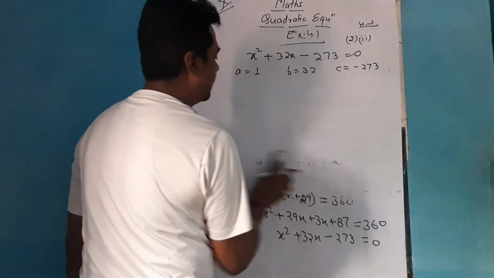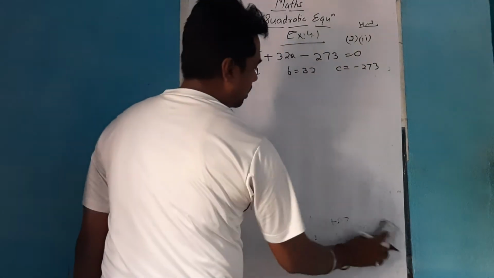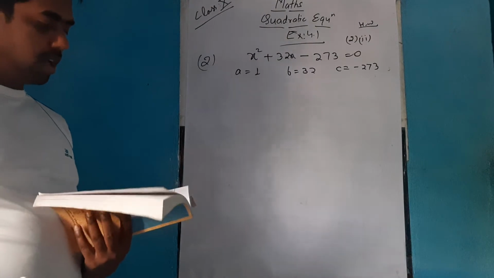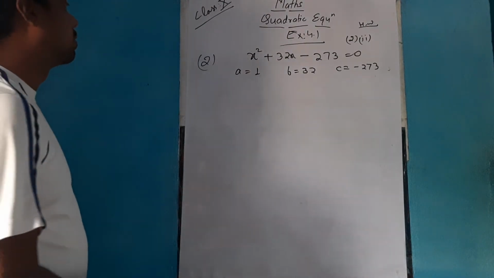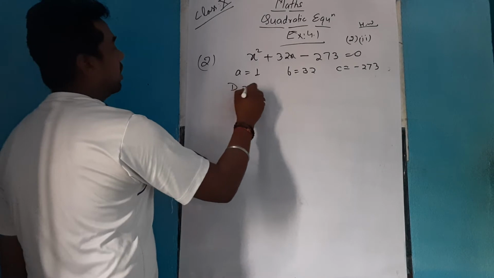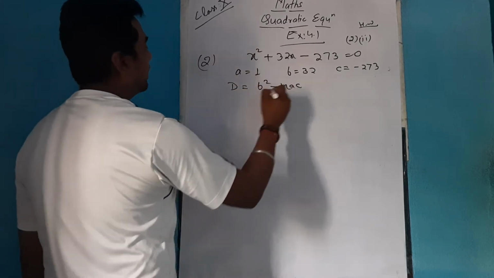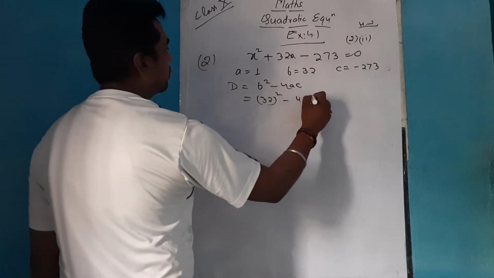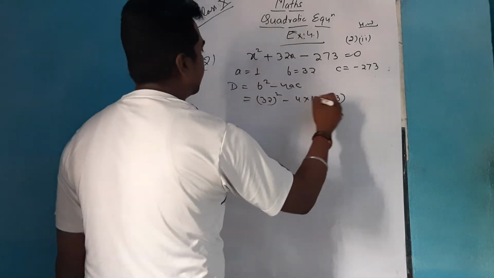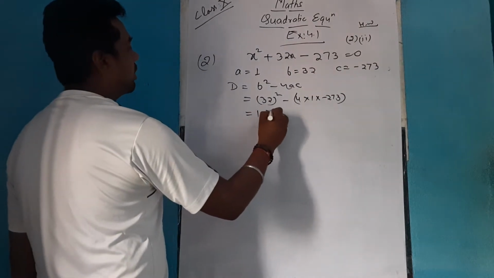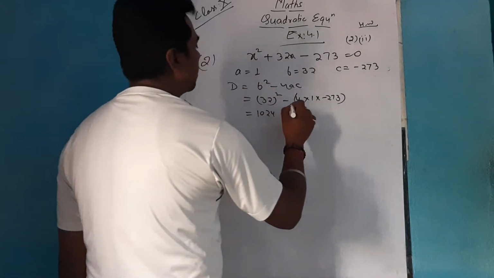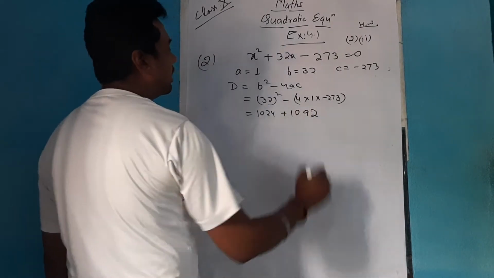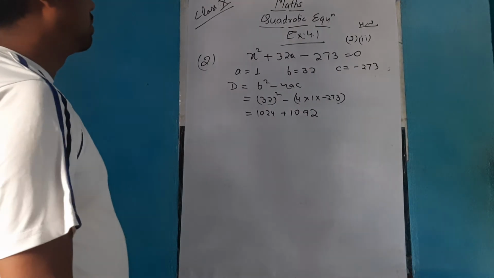Now we'll solve for x. As in the question, it is required to know the age of Rohan, sorry, not the mother. So we'll apply the formula now. First find the value of d, which is b square minus 4ac. That becomes 32 square minus 4 into 1 into minus 273. 32 square is 1024, and this will become plus 1092.